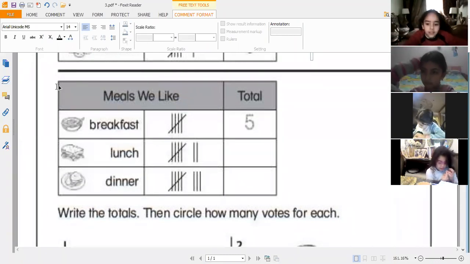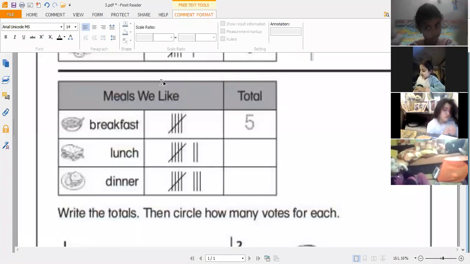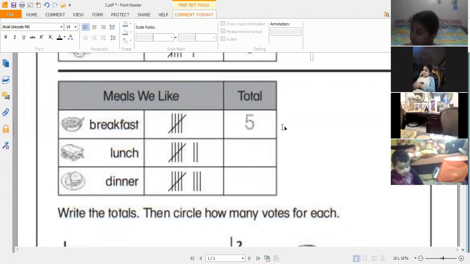Asil, do you know what's the name of this table? Is this a tally chart or a tally mark? Tally chart. The big one is called a tally chart. But why do we call this a tally chart, Asil?